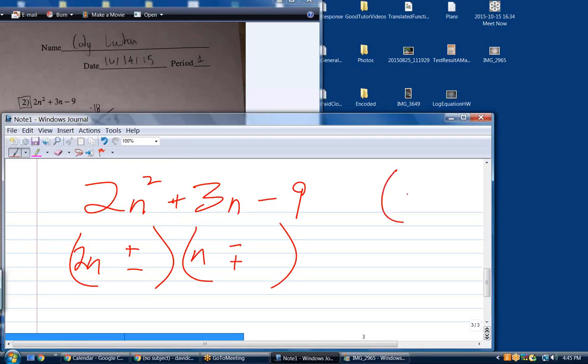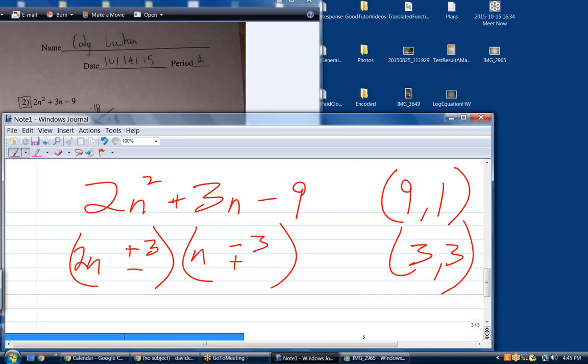Factors of 9. 3 and 3, 1 and 9. I always start with those. And my first attempt is always going to be the numbers that are closest together. So I'll just start with 3 and 3 randomly.